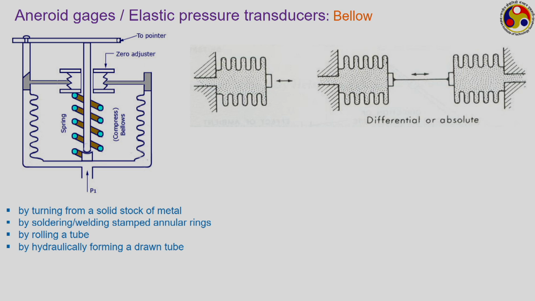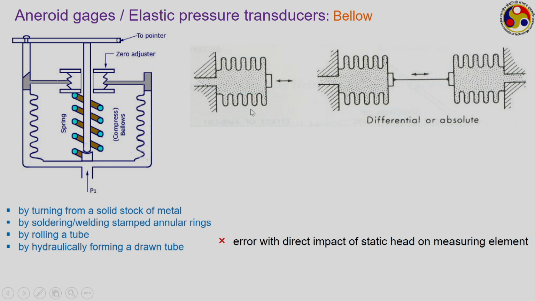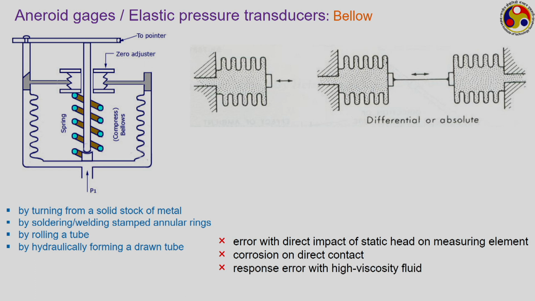These bellows can be formed by turning from a solid stock of metal, by soldering or welding annular rings, or by hydraulically forming a drawn tube. They have advantages quite similar to the diaphragms, but the problem is they can show some error with direct impact of static head on measuring elements. There can be corrosion on direct contact and response over high presence of fluid.